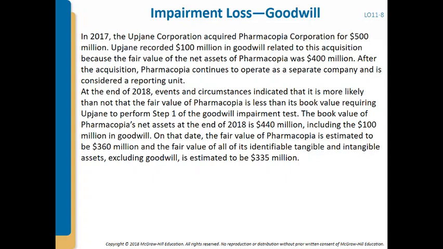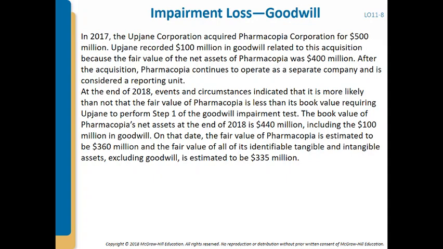So here's our example. In 2017, the Upjohn company acquired Pharmacopoeia for $500 million. Upjohn recorded $100 million in goodwill, meaning that the fair value of the net assets were $400 million.